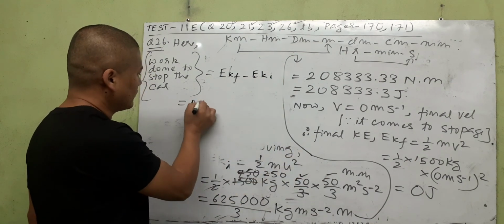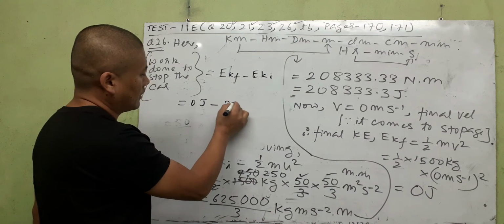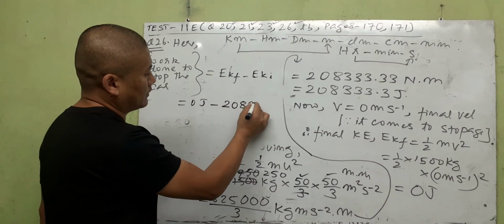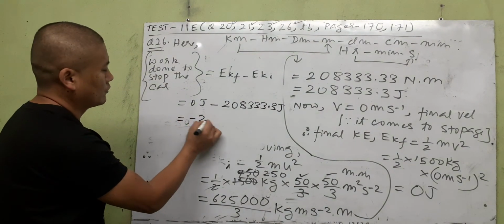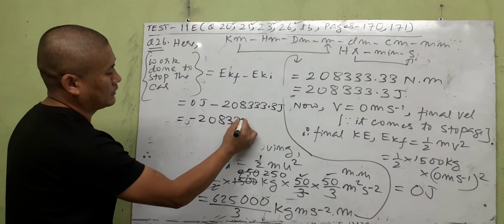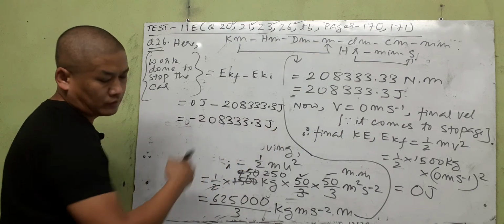Final is 0 joules minus initial is 208,333.3 joules. So it will be minus 208,333.3 joules, which is negative.